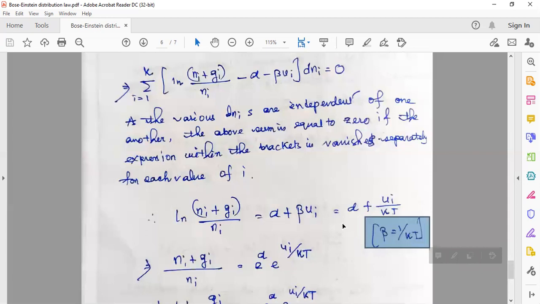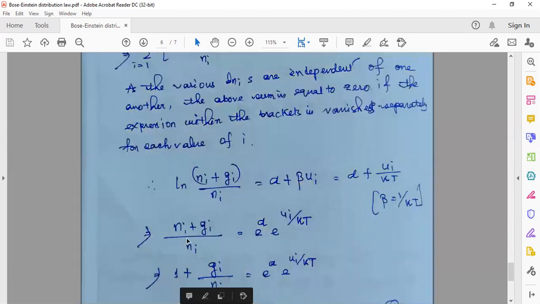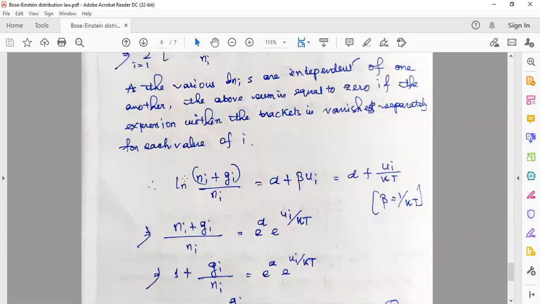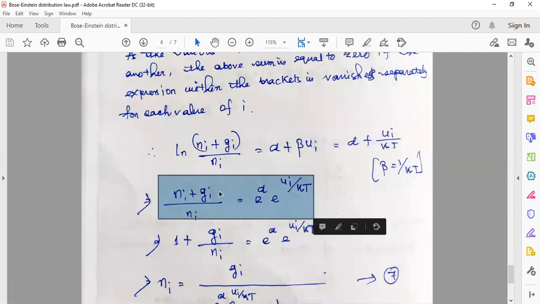So this quantity, ni plus gi over ni, it will be e to the power alpha and e to the power ui over kT, since it is a natural logarithm. Okay, we can write like this. So I hope you have understood this. So it was just an exponential term in the logarithm.